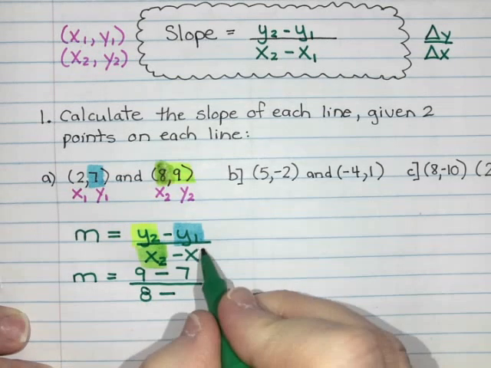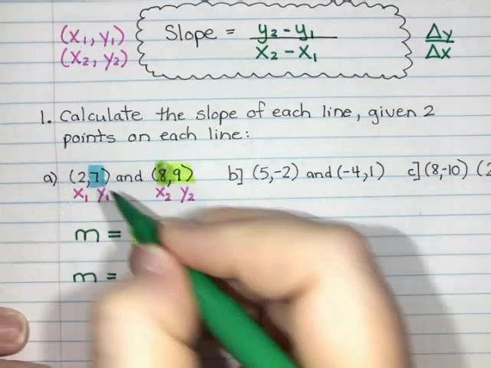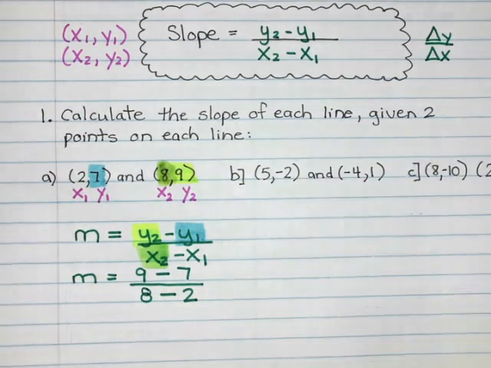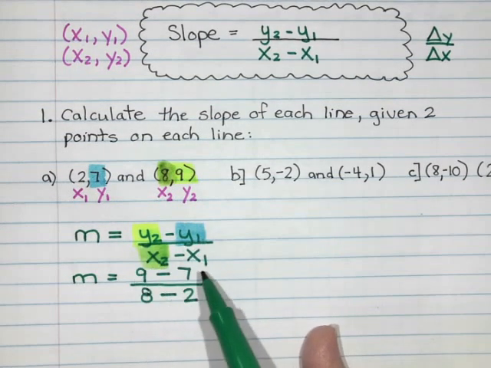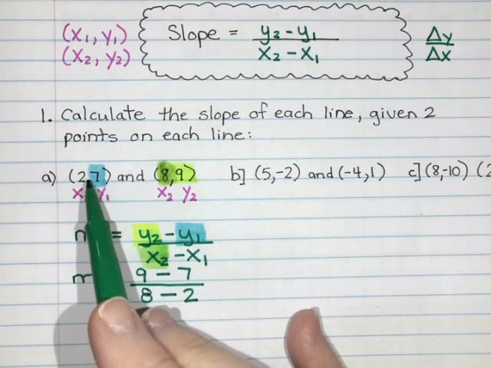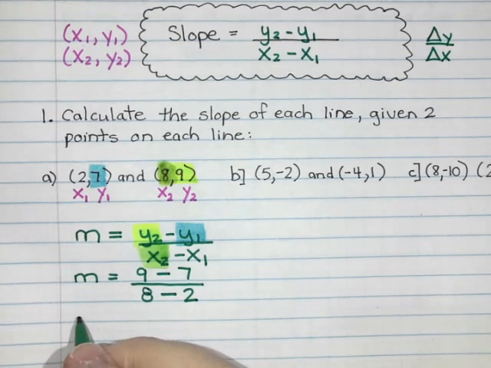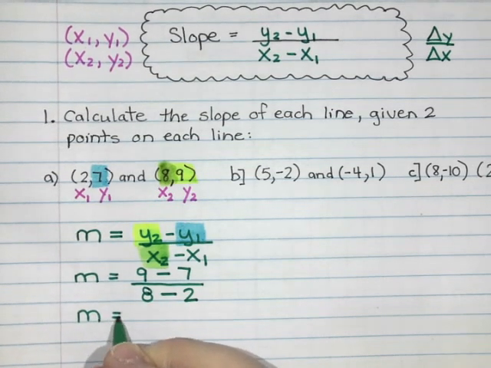Take away, and then x1 is going to be that last number, which is a 2. So I did y2 minus y1 over x2 minus x1, so I ended up with 9 minus 7 over 8 minus 2. So from here, I'm just going to simplify the numerator and denominator.